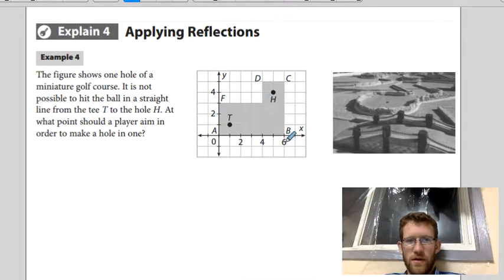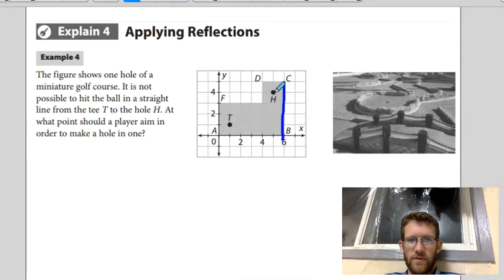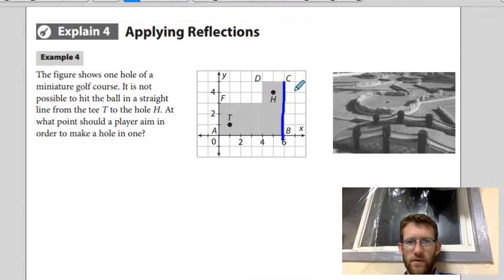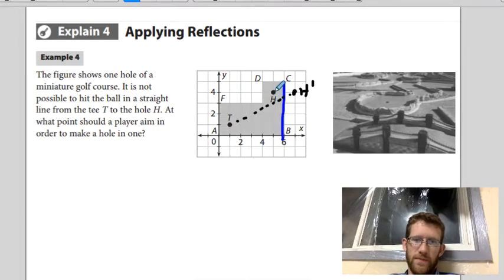So at what point on segment CB do we need to aim for? If this is our line of reflection, it's going to bounce off. We could do this one of two ways: reflect point T over, or reflect point H over. Think of this as a mirror. Here's H prime. If we were to aim for H prime, it would bounce off and go in H.